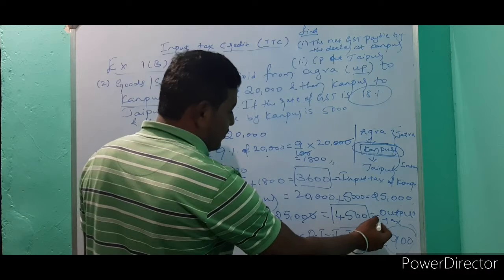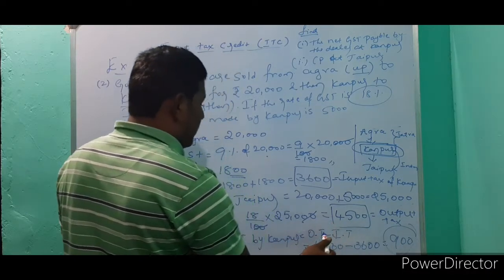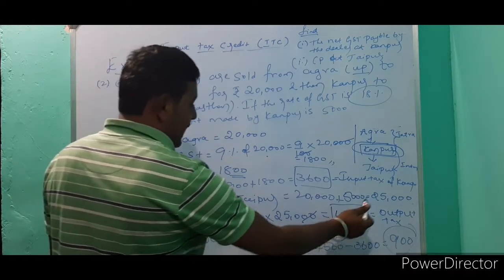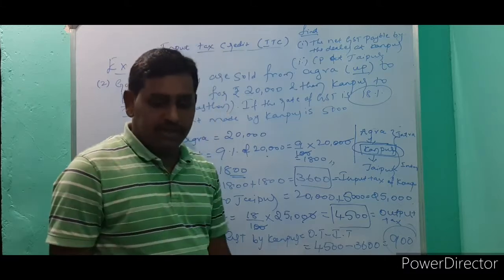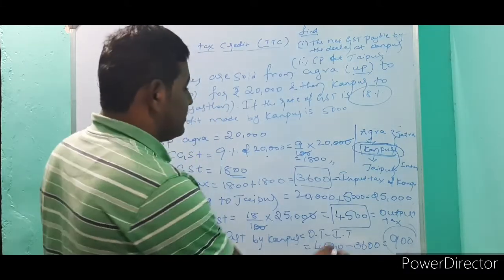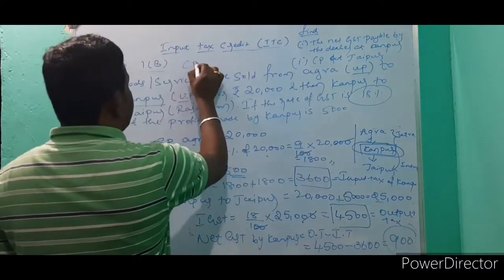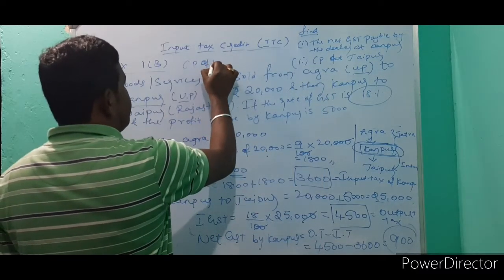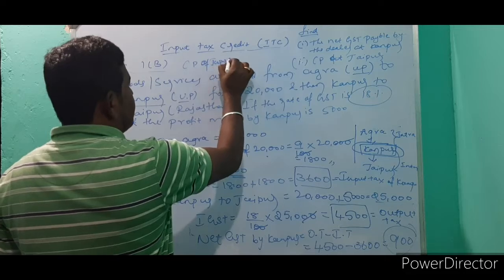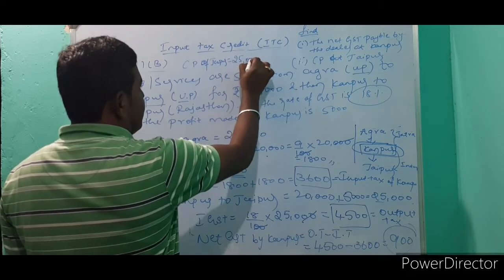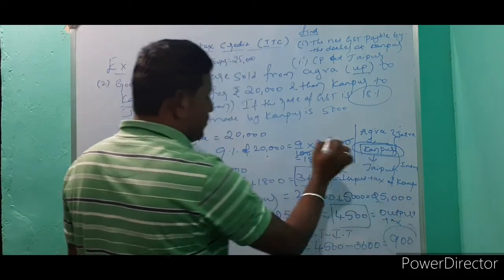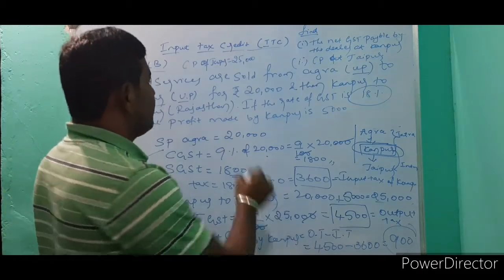So cost price of Jaipur means after adding GST, 25,000, this is selling price of Kanpur. Cost price of Jaipur is equal to 25,000, the selling price of Kanpur.